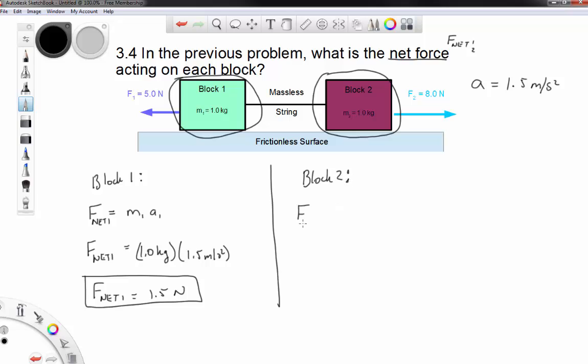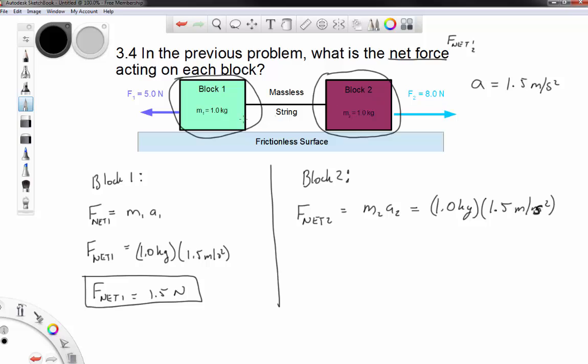For block number 2, we would have F net 2 is mass 2 times acceleration 2. So that's going to be 1.0 kilograms again, because block number 2 had a mass of 1.0 kilograms, times 1.5 meters per second squared.